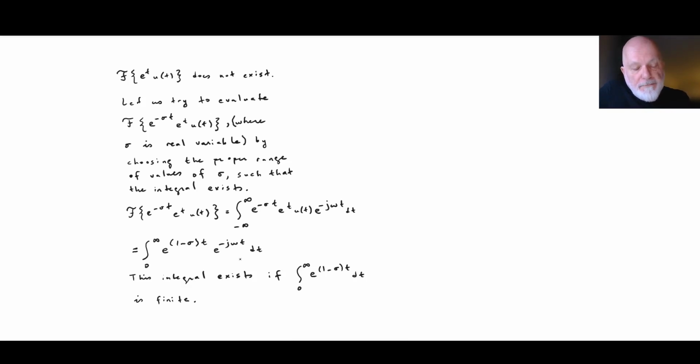Now it is clear that if sigma is greater than 1, then the term in the exponent will become negative, and therefore we have a decaying exponential and the integral will have a finite value.